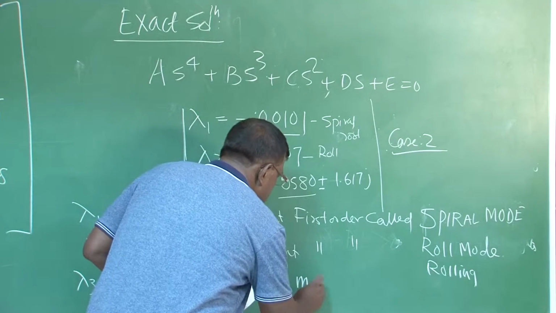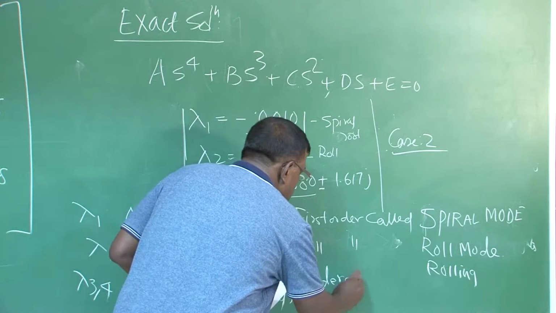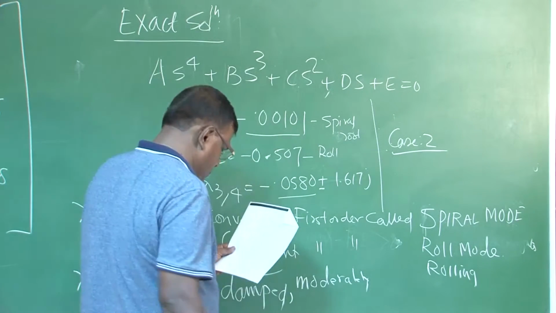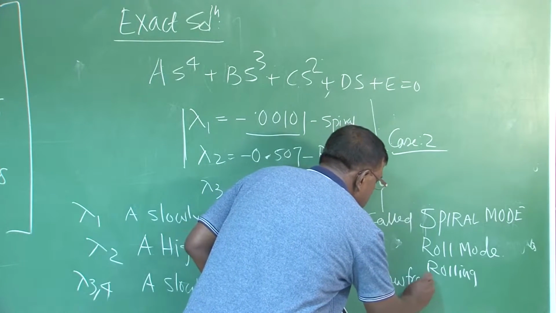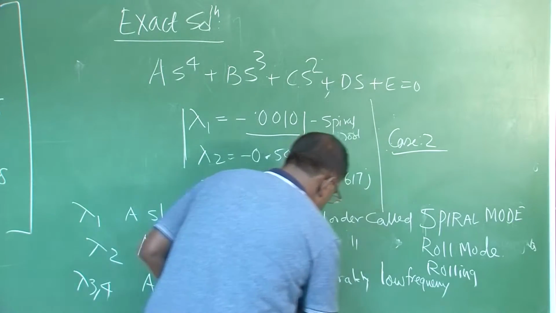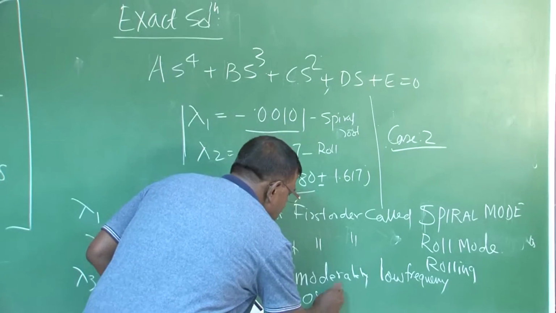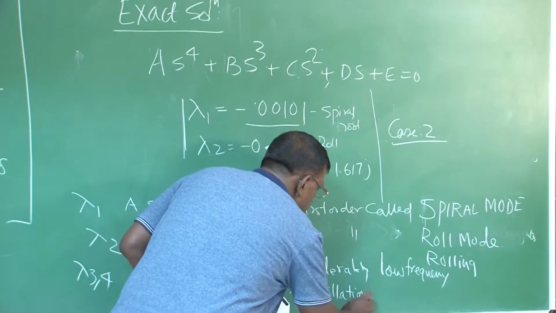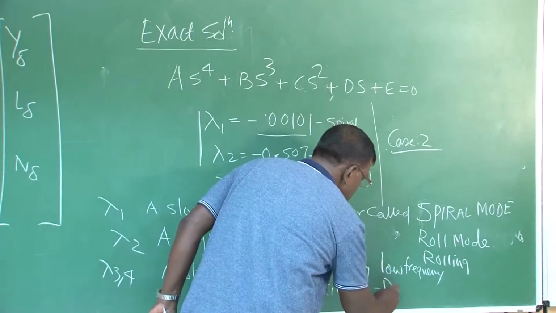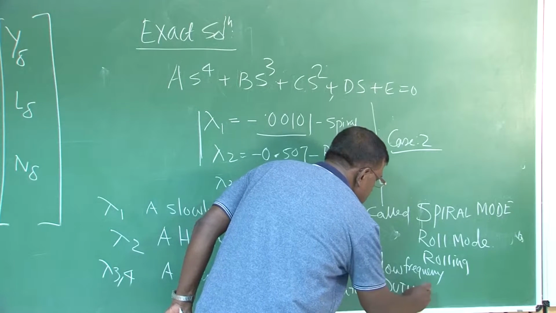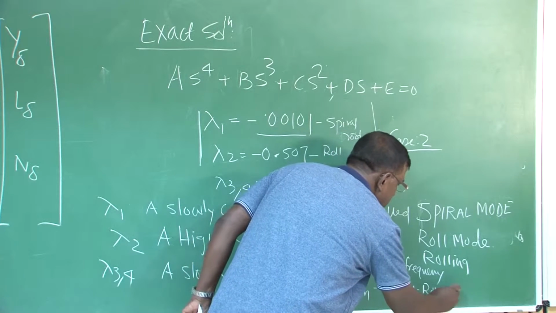Then moderately low frequency oscillation called Dutch roll mode.